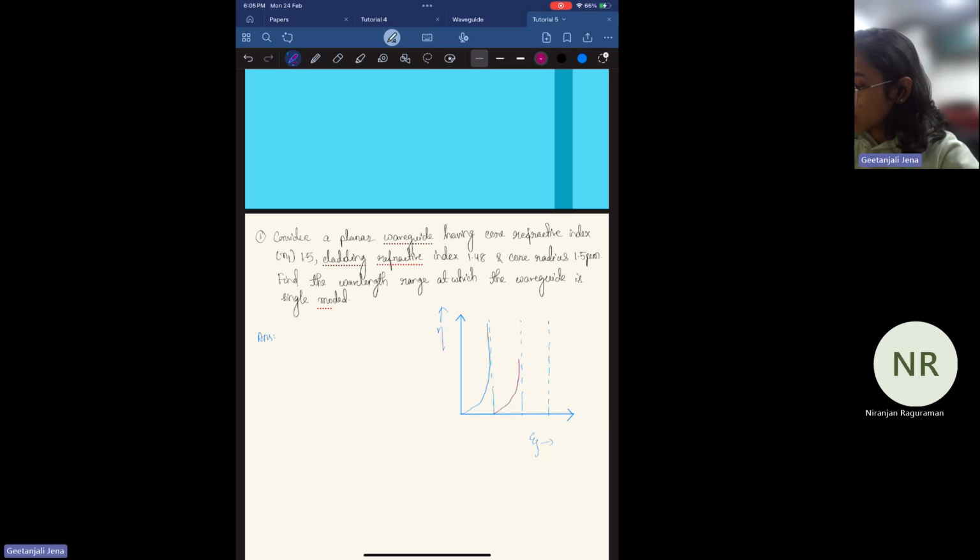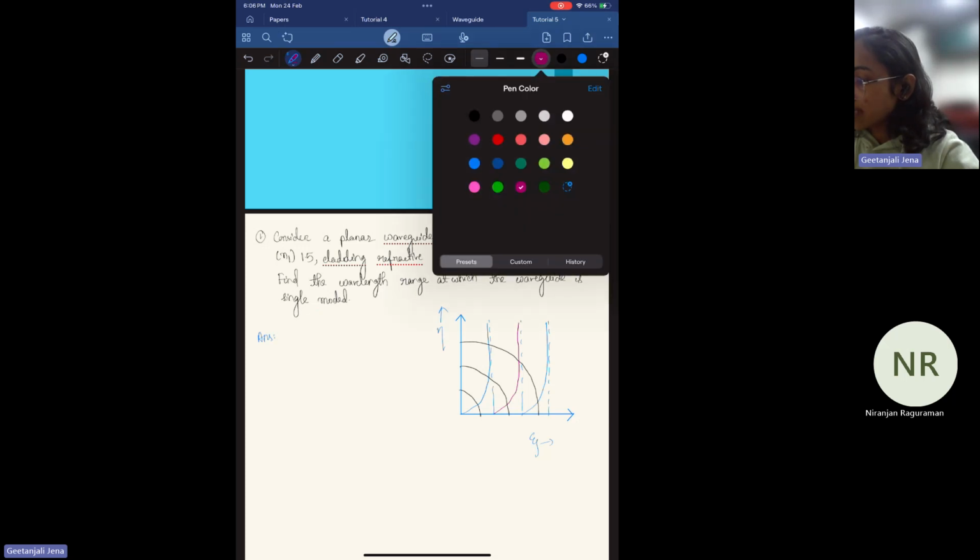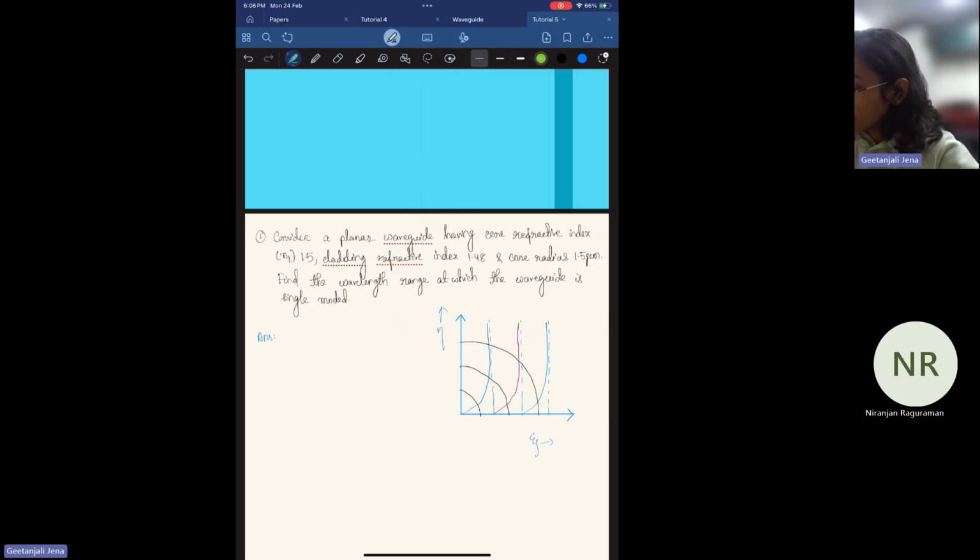They occur alternately, and we have the equation of a circle like this, and the intersection of this circle with the transcendental equation will give the allowed solutions for our waveguide. So these are the allowed solutions for different values of the V parameter.